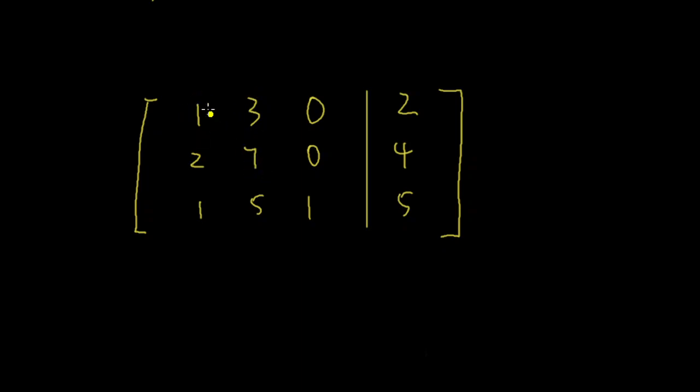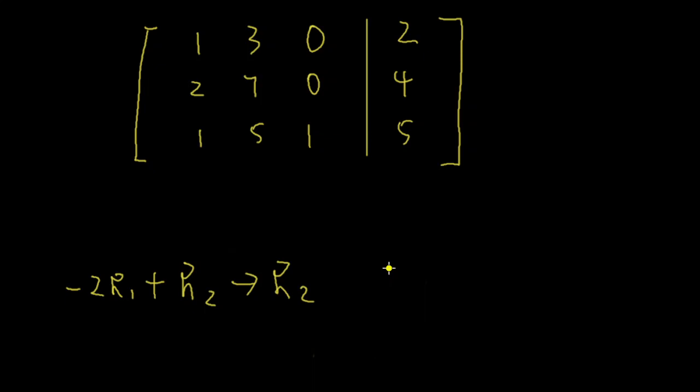When you multiply this row by -2, you're multiplying the whole row by -2, and -2 plus 2 is 0. That actually does two things for us. So let's do this: we multiply the first row by -2, add it to the second row, and place that in the second row.